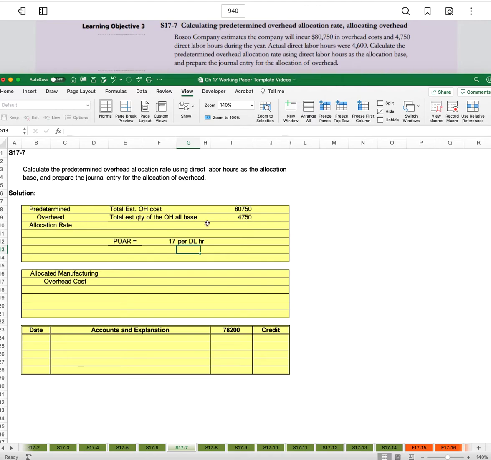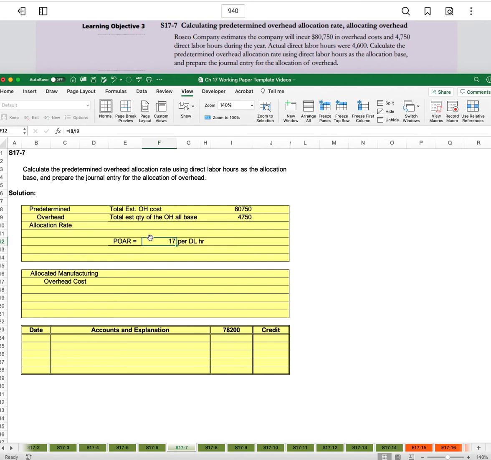What exactly does this mean? This means that for every direct labor hour that we assign to a job, we also need to assign $17 of overhead. Sometimes students get confused if it's a percentage rather than a dollar amount, because they think it can't be more than 100%, but it can.